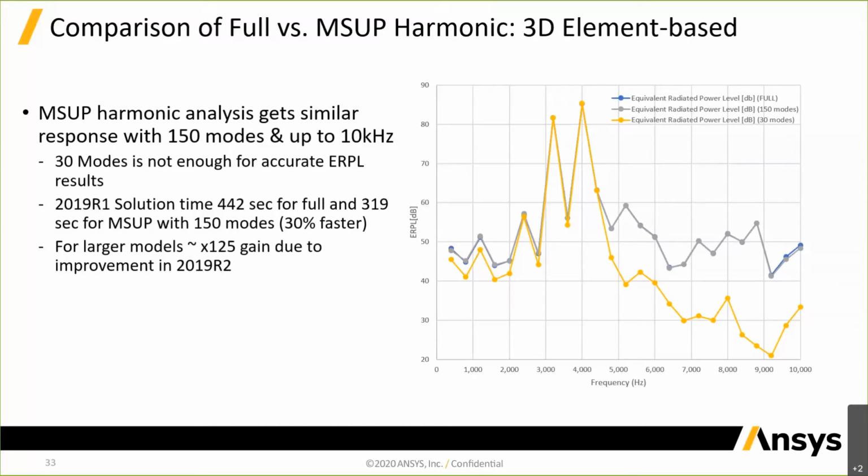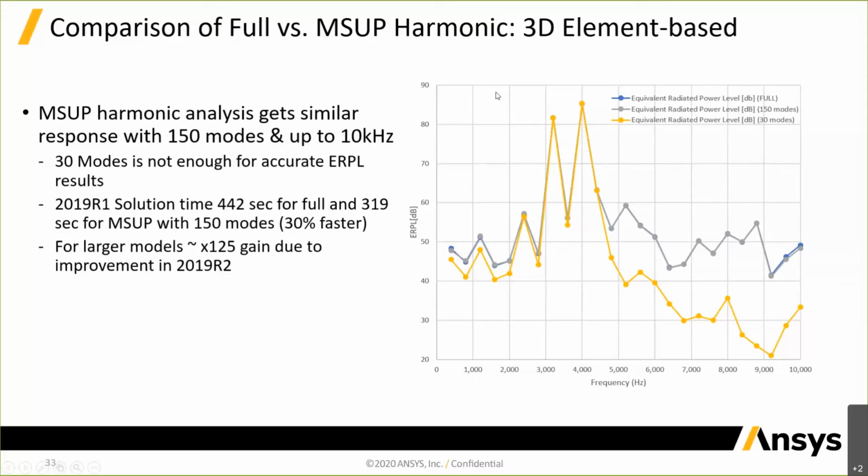And the gray is using 150 modes. And there are a lot of best practices that our mechanical engineers can tell you about looking at things like participation factors, to look like the mass, the rotational contributions of the different modes, as well as the frequency range of those modal solutions that will then be used to support the harmonic analysis.